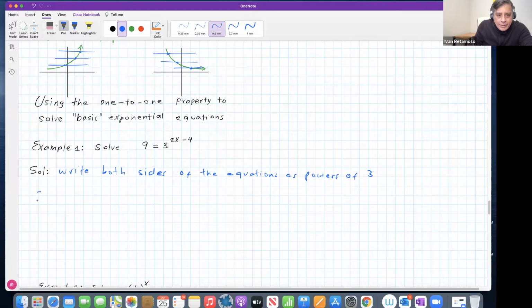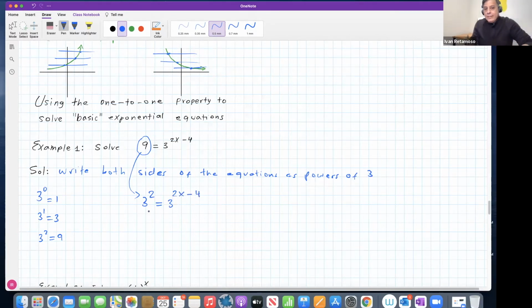If you run the powers of 3, 3 to the 0 is 1, 3 to the first power is 3, 3 to the second power is 9. Aha, this is here, right? So it is possible to write this 9 as 3 squared. The other side of the equation is written already as a power of 3, right? So leave it alone. So now when you look at this equation, notice the bases are the same. So the exponents should be the same, right? Because exponential functions are one-to-one.